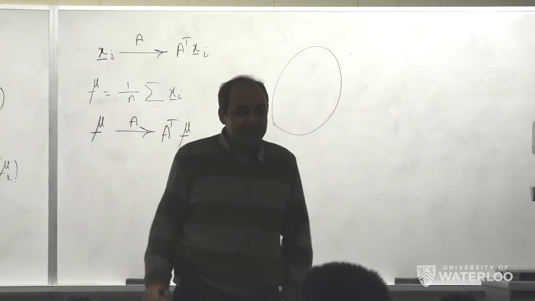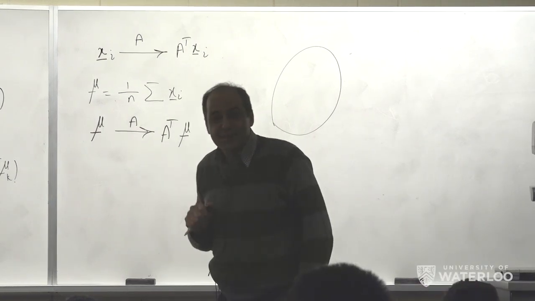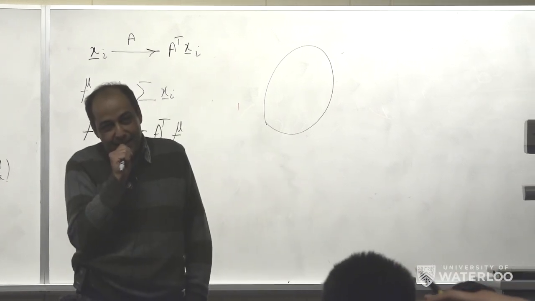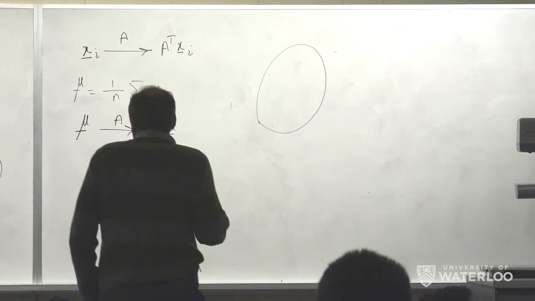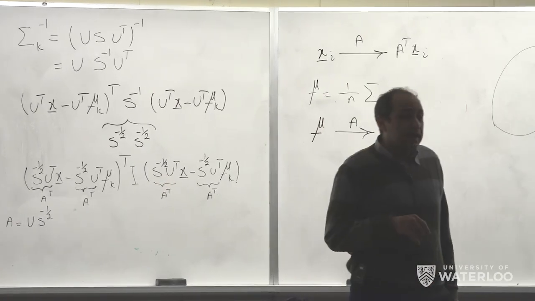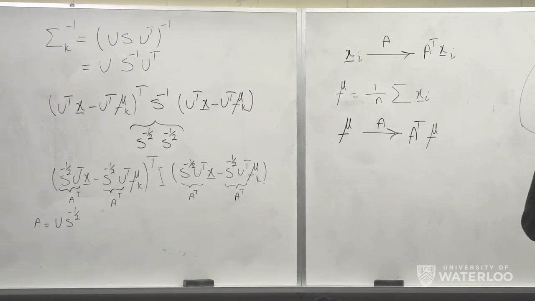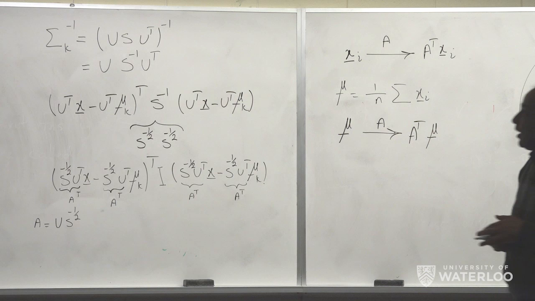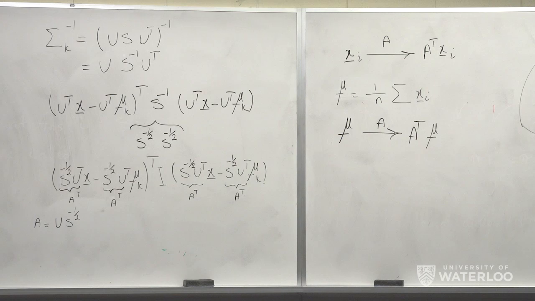Okay. So any question here? Yes? So the A transformation takes the ellipsoid and converts it back to spherical, yes. So basically you can turn case 2 into case 1, in the sense that in a case where class conditionals are not spherical, there exists a transformation which makes them spherical, and in that space, again, classification means measuring the distance between a point and the mean of a class.